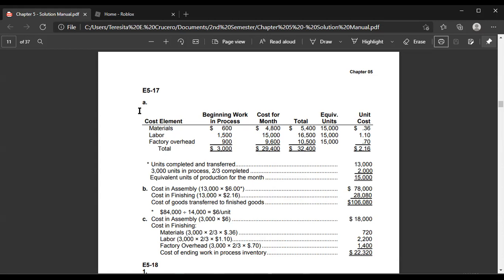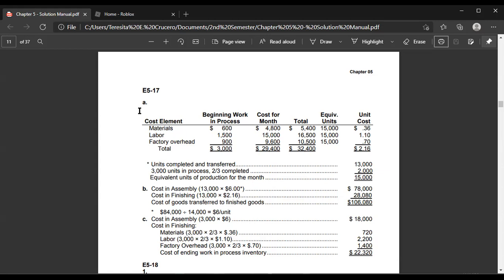You multiply cost in assembly, 13,000 units, by 6. Here we have finishing, the cost per unit is 2.16. Now in this department, you now get 78,000 and 28,000. You have the cost of goods transferred to the finished goods. So this is now the cost of your completed units.